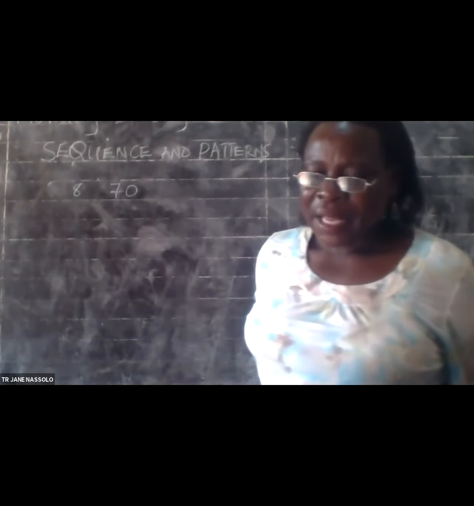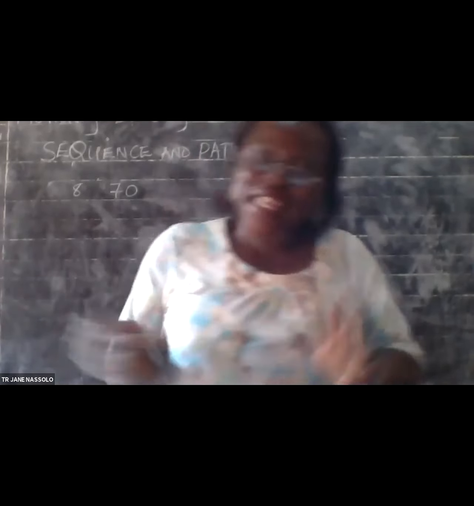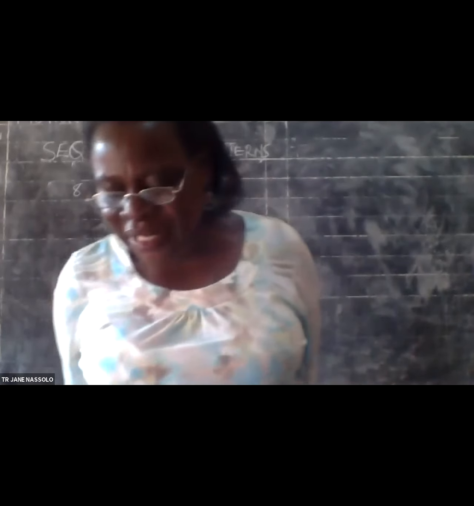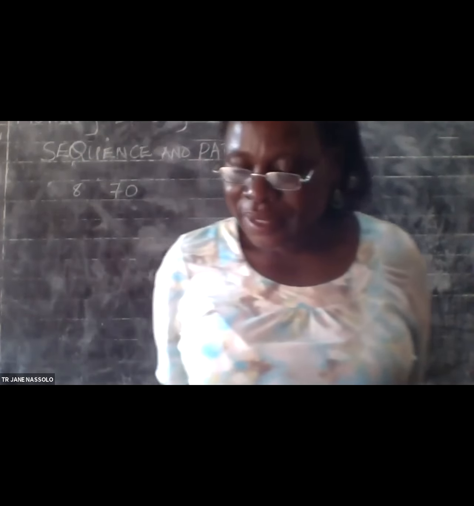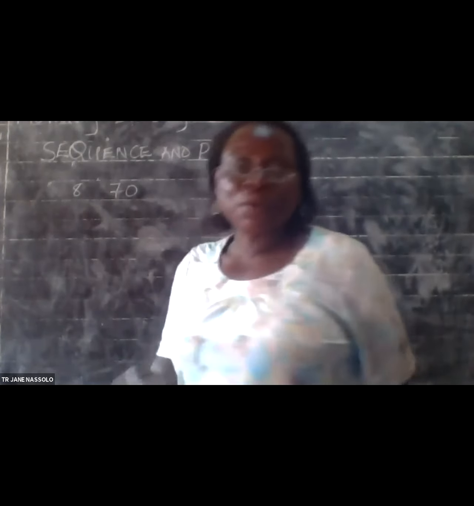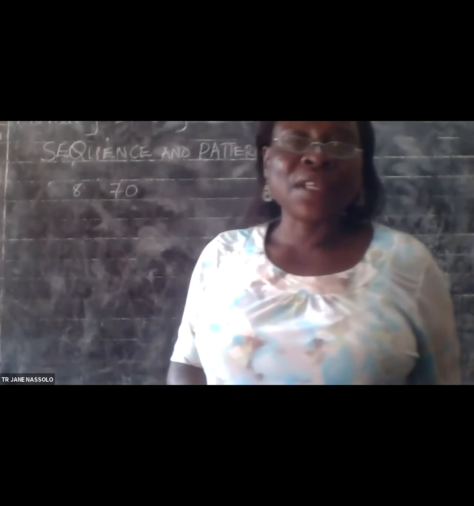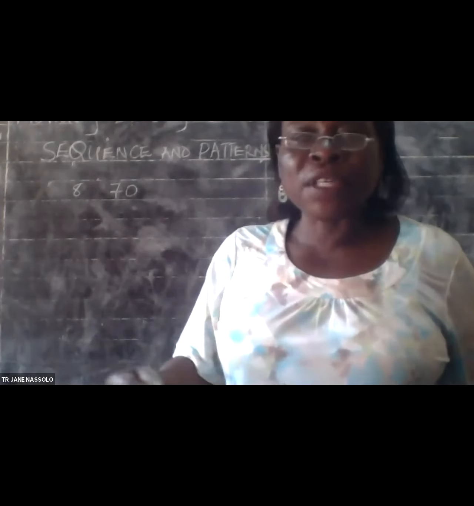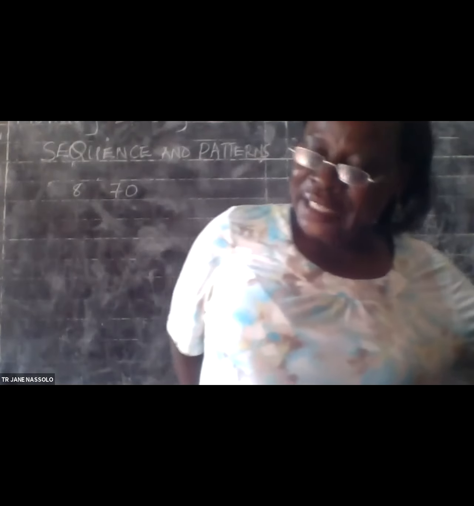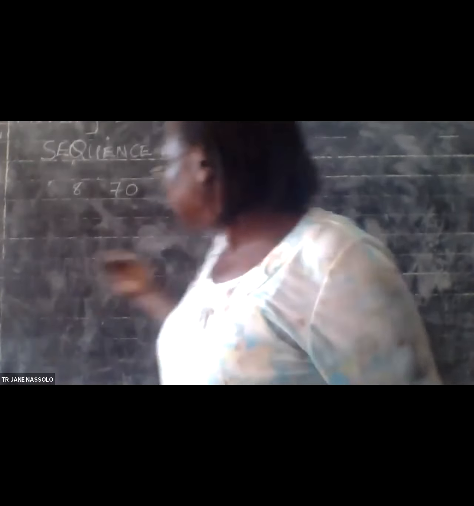Two multiples of a number have been shaded. What is the number? Now, when you look at this question, can you relate it to some other question that can be asked about the same? You have two numbers, and you want to find a number to which these two are multiples. Isn't that, in other words, asking us to find a common factor? Somewhere we have been looking at a common multiple, but now we are looking at a common factor of 8 and 70.